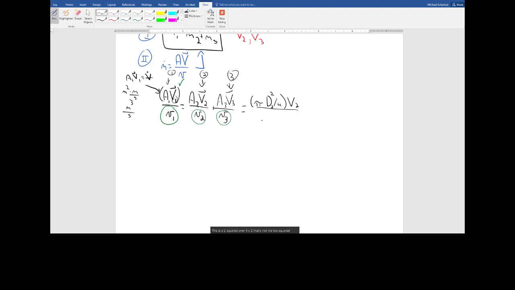Divided by the specific volume at 2 plus pi d3 squared over 4 v3 over my specific volumes. Right? And now we know these diameters, but I don't know the velocities. Those are the things that I'm trying to find.